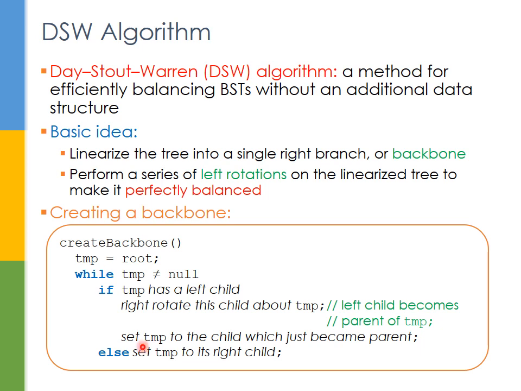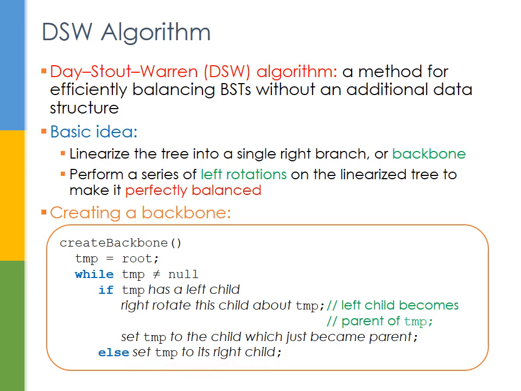Then we set temp to the child which just became the parent. So in other words, the node that has just rotated up by means of the right rotation. Now, if temp does not have a left child, then no rotation needs to be performed, and in fact, no right rotation can be performed in that case. So then we simply set temp to the node's right child.